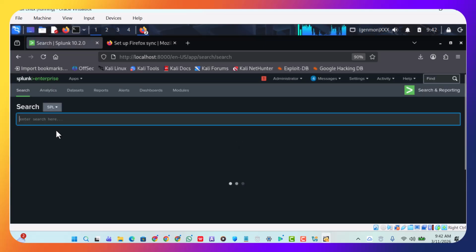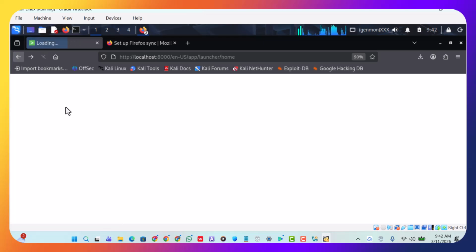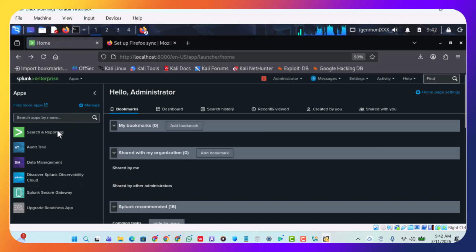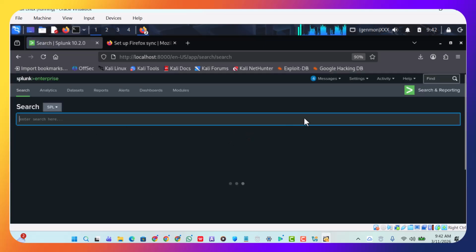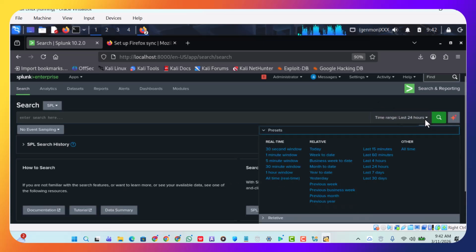If you want to search for events within a certain time range, that is where I clicked on Search and Reporting. You can come here and this is to check within a certain time range: last 30 seconds, 1 minute, 5 minutes, and all of that. This is it all, if you want it to be all time.